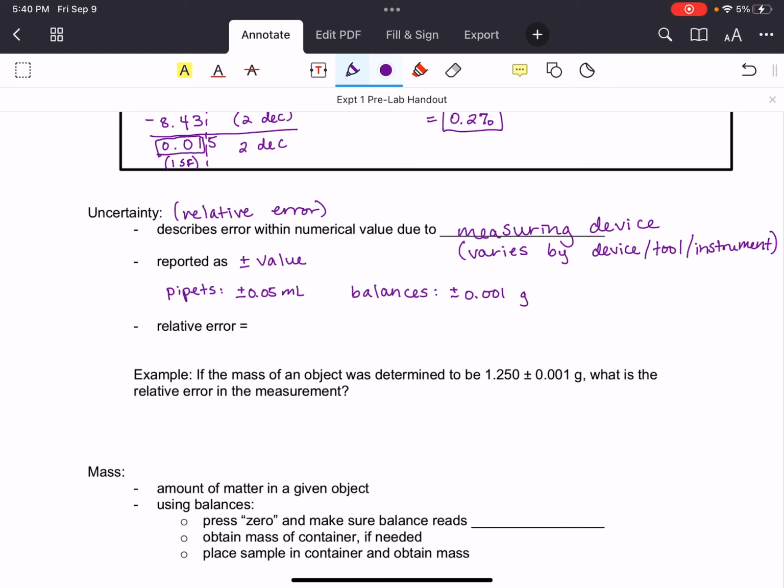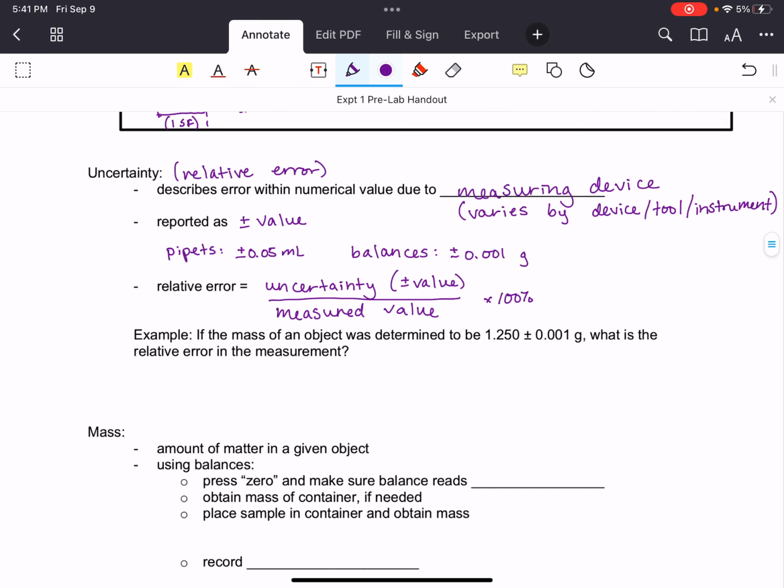So we can calculate a relative error, which is where we take that uncertainty reported on the instrument, which is our plus or minus value, and we divide that by our measured value, times 100%.